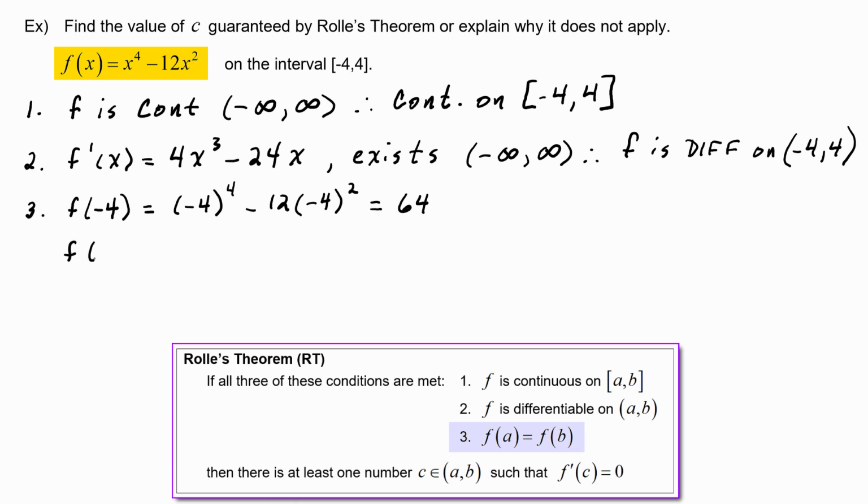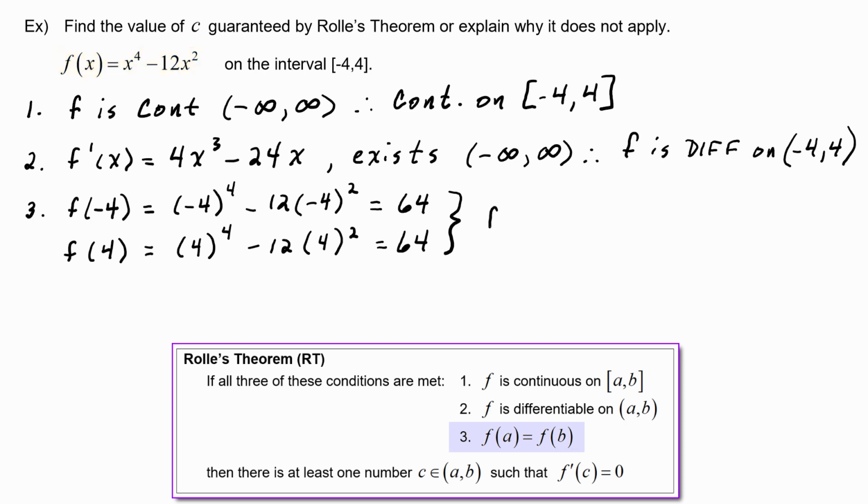Then we check that against f of 4, which would be 4 to the 4th minus 12 times 4 squared, which is also 64. So we just showed that f of -4 was equal to f of 4.